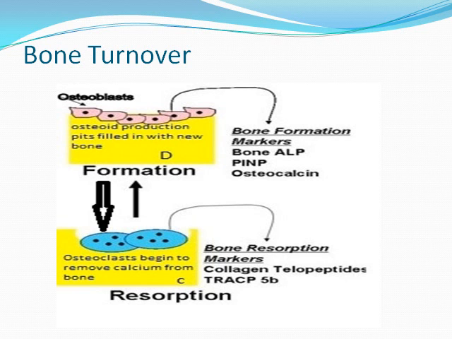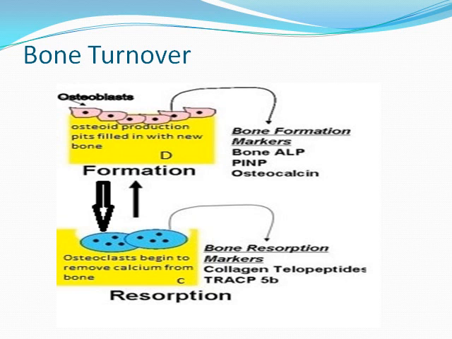Bone turnover refers to the balance between production and destruction of bone, or formation and resorption of bone. Normally, formation and resorption are balanced.